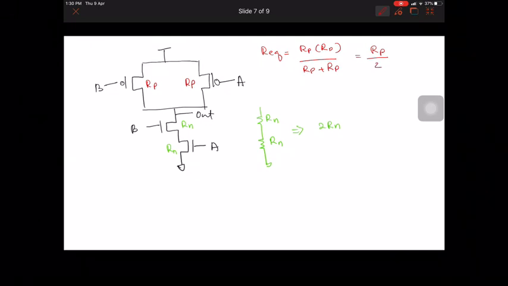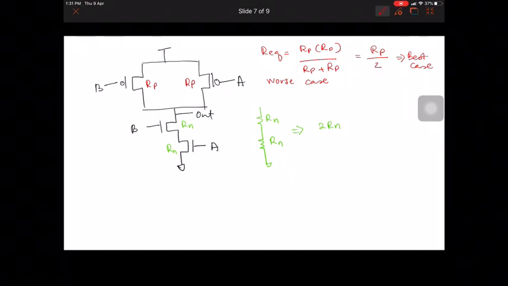This is for the equivalent resistance. But for VLSI circuits, we need to look at the worst case. This is the best case. The best case is that both PMOS are on, and then the resistance is Rp over 2.